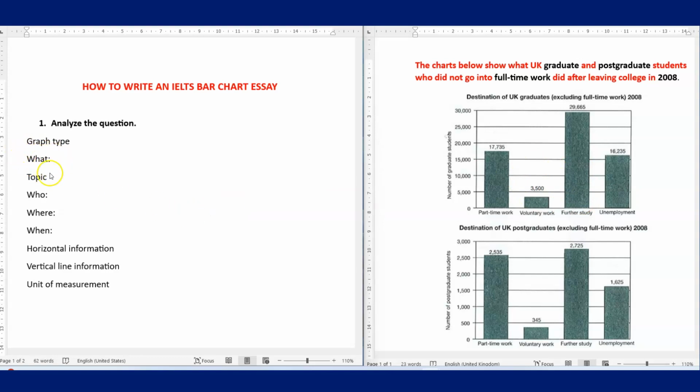And what is the question talking about, or what is the whole issue about? It's about graduate and postgraduate students who did not enter into full-time work and what they did after school. So we have that idea.